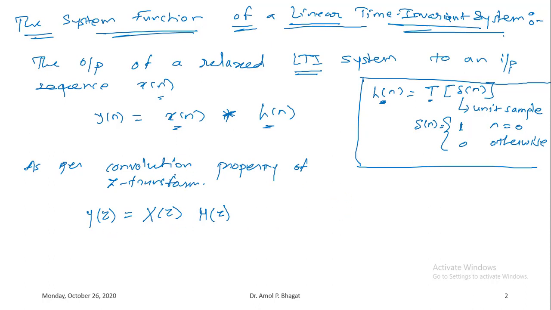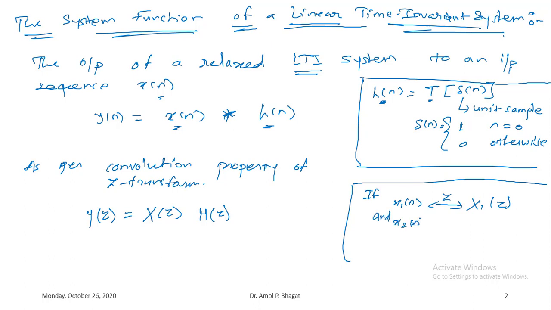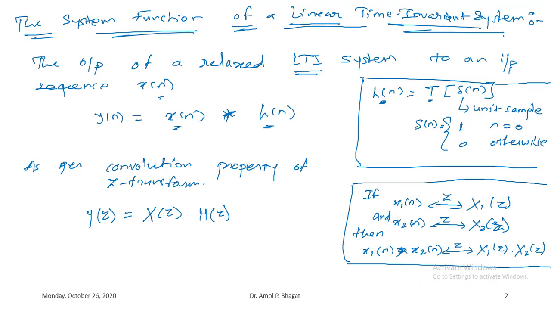We have discussed this in the convolution property of Z transform. If x1 of n has the Z transform capital X1 of Z, and x2 of n has the Z transform capital X2 of Z, then x1 of n convolved with x2 of n has, in the Z domain, simply the multiplication of X1 of Z and X2 of Z. So in this case, when we are identifying the response of the system using convolution summation, in place of x1 of n we have x of n, and in place of x2 of n we have h of n.